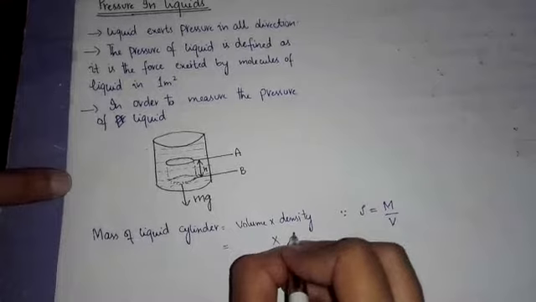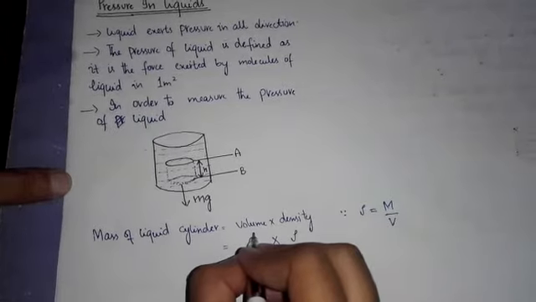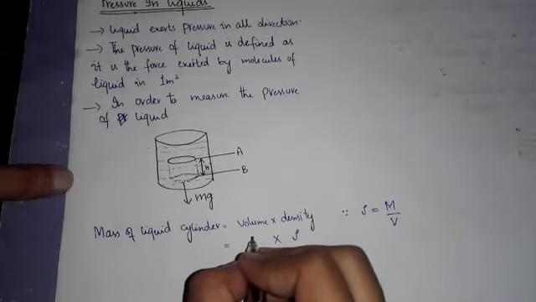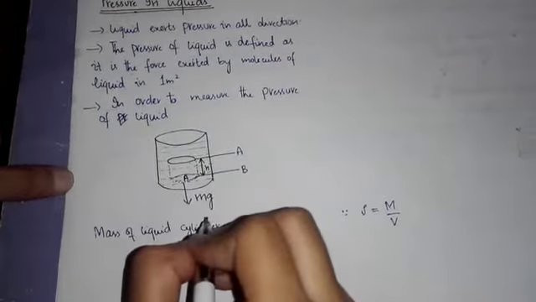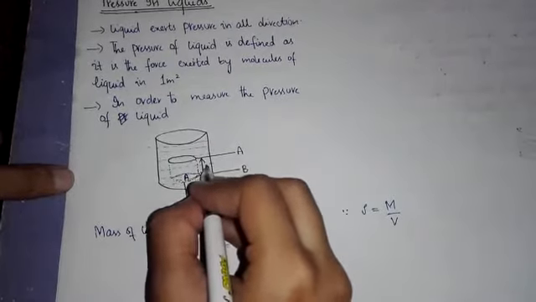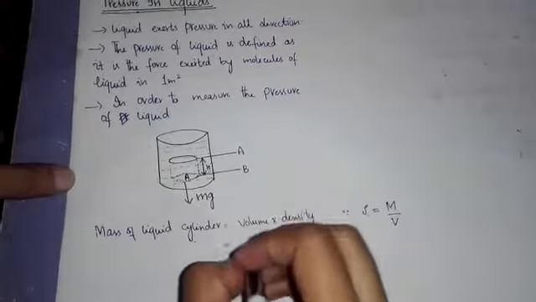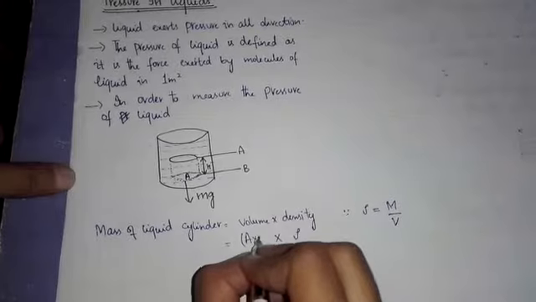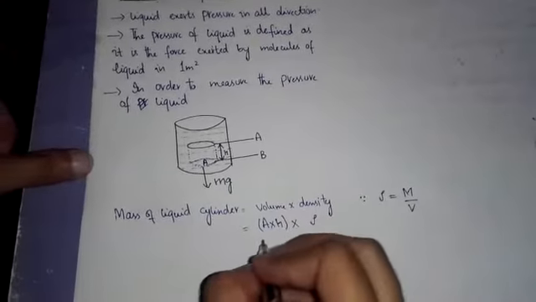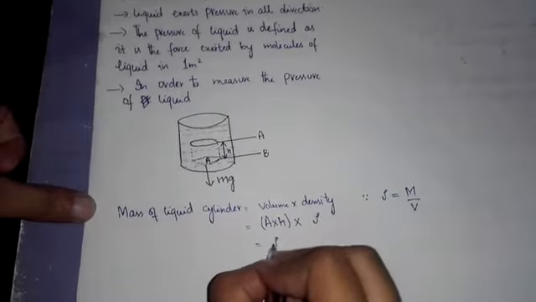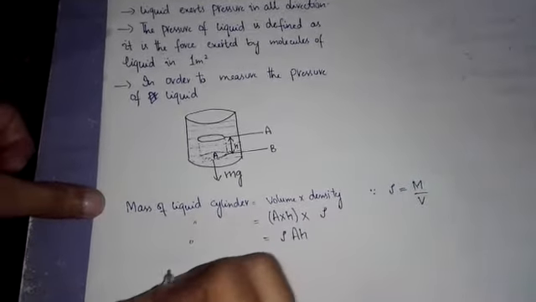The density of the liquid is represented by rho, and the volume of the disc is A into h, where A is the area and h is the height. This is the mass of the liquid cylinder, equation number 1.